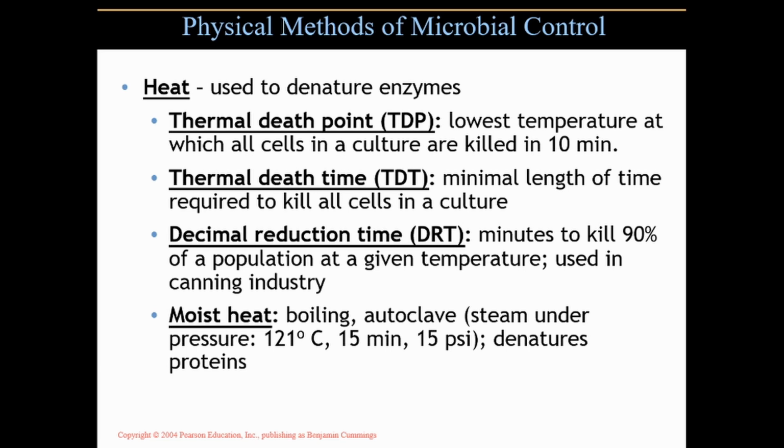And what that does is it denatures proteins, which of course would be denaturing enzymes as well. So boiling is effective. Autoclaving is much more effective, because you can get the temperature higher. With boiling, you're stuck at 100 degrees Celsius or 212 Fahrenheit. With an autoclave, the temperature can be raised because it's under pressure.